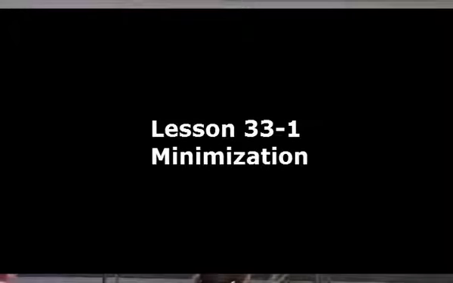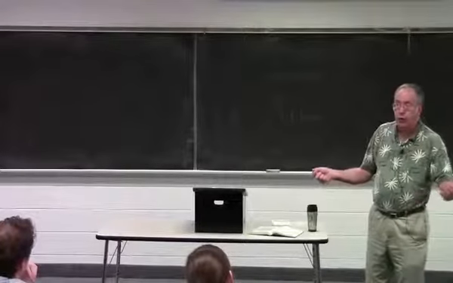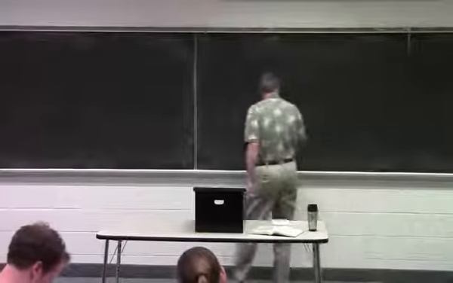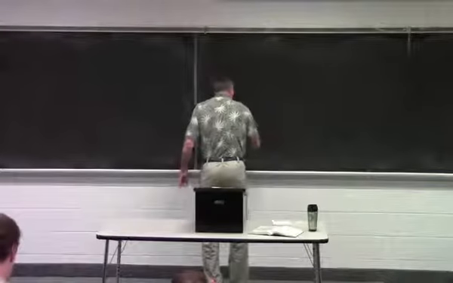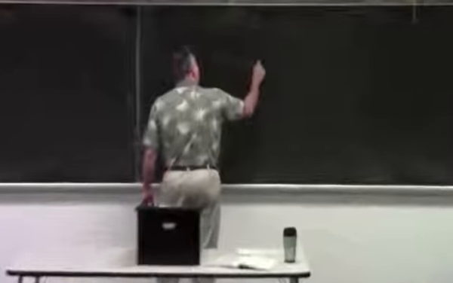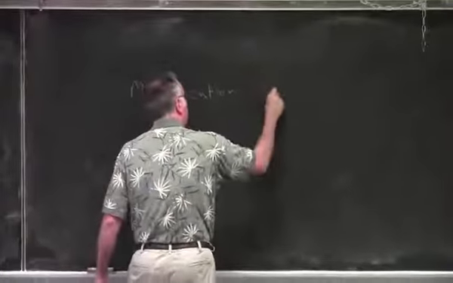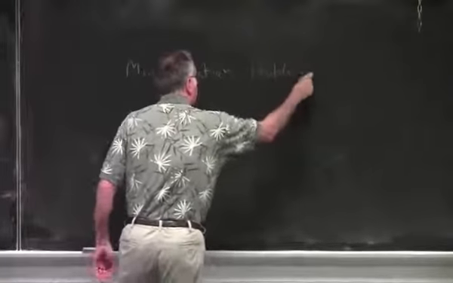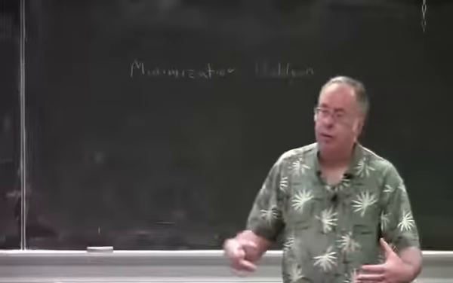Most of the optimization problems I've gone over were maximization problems. Let me just go over one minimization problem. Actually, this is a problem we've gone over before, but we didn't do it formally.